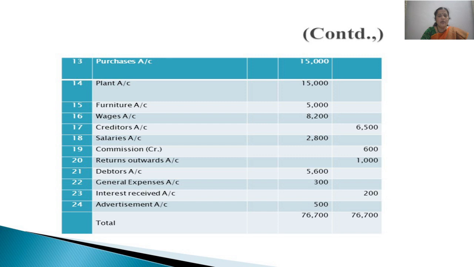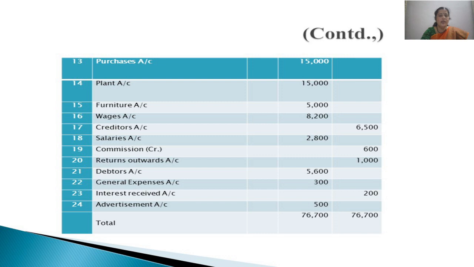Then returns outwards 1000. See, returns outwards means there was a transaction, and out of the transaction goods are returning, and at the time of returning it is going outwards, means we are sending it back. We are sending it back means out of the purchases we have made, we are sending back a portion of the purchases to the person who sold it to us.